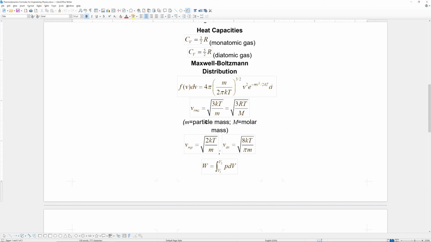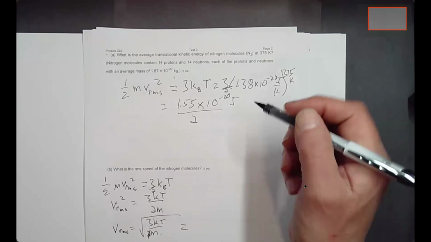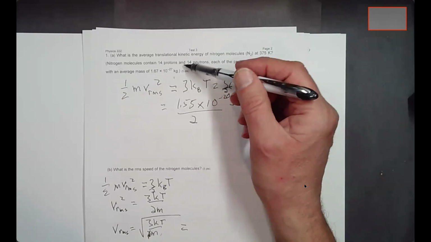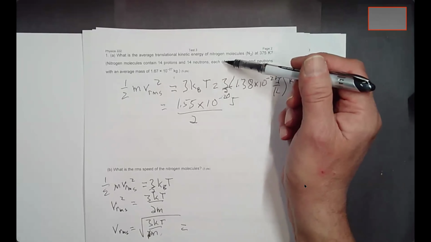We're still on the formula sheet. Okay, I'll come back to here. Okay, there we are. Back to here. Anyway, a nitrogen molecule has 14 protons and 14 neutrons.